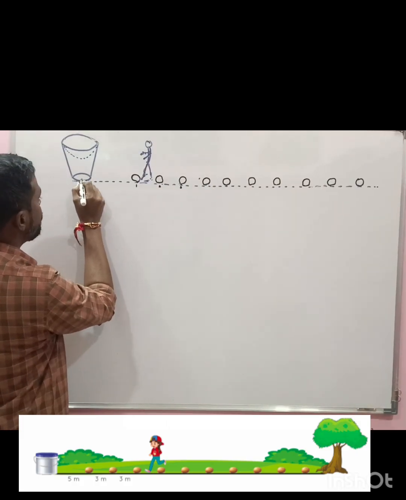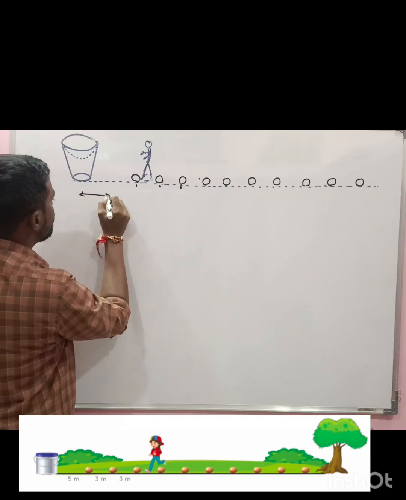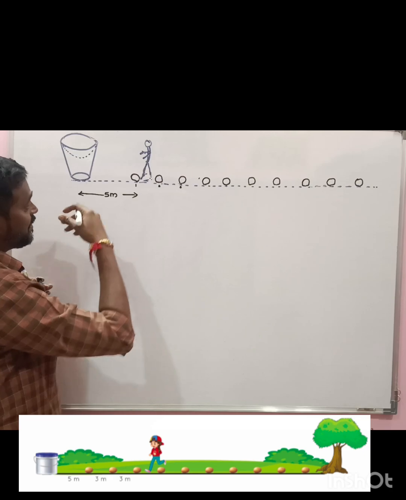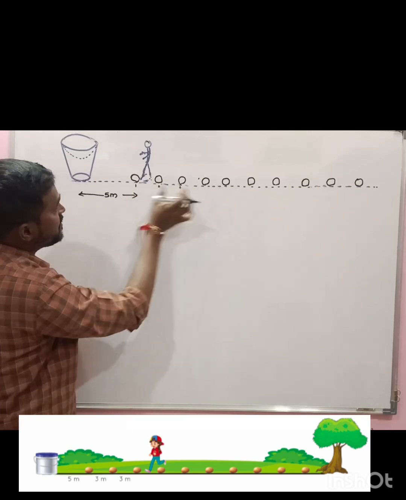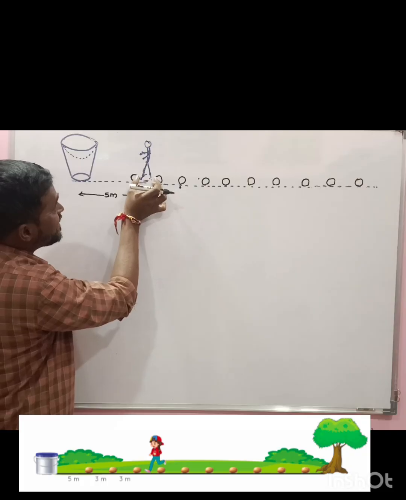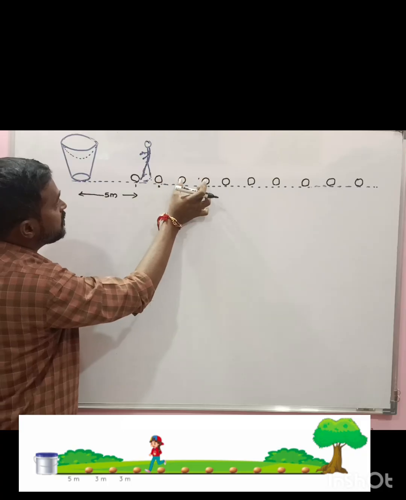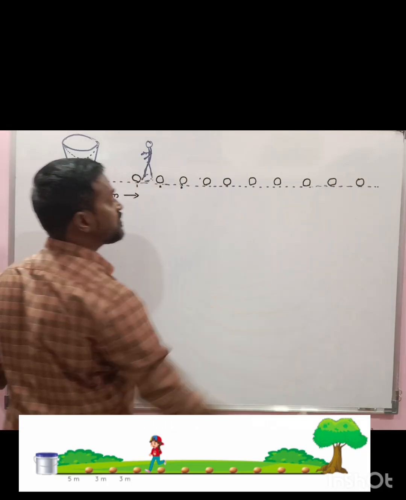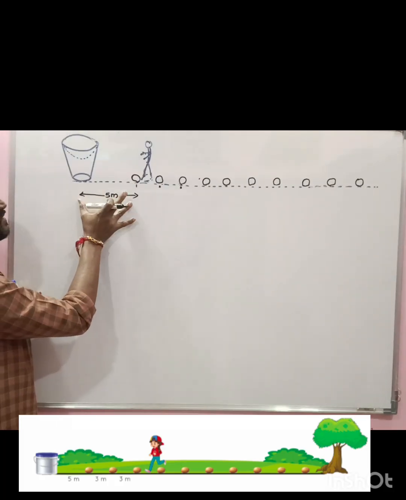Now the distance between the bucket and the first potato is 5 meters. Further, the remaining potatoes are placed 3 meters apart. That means the distance between each potato is going to be 3 meters, and the distance between the first potato and the bucket is 5 meters.